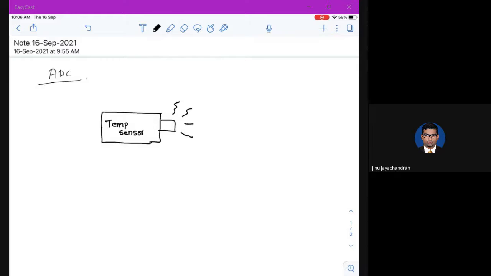Internally, whatever sensing mechanism it makes use of will be some kind of physical device. Physical devices can always give an output only in terms of an analog signal. So the temperature sensor will definitely give an output in terms of an analog signal.